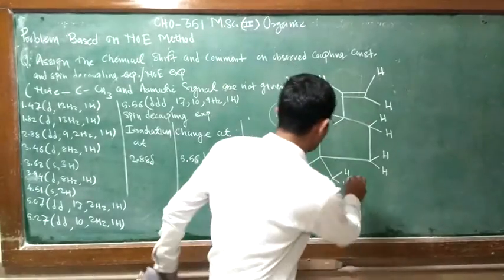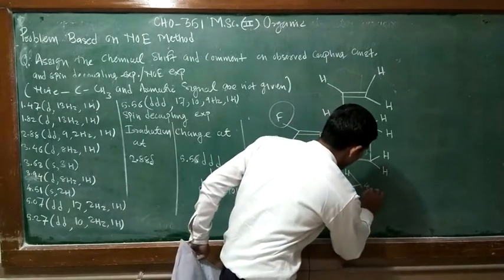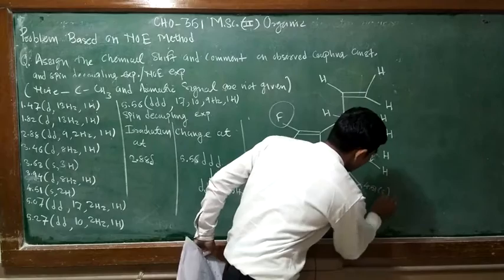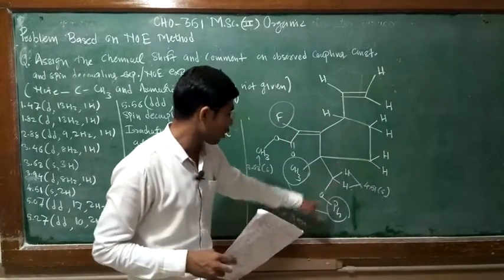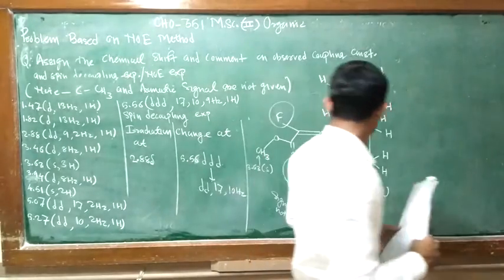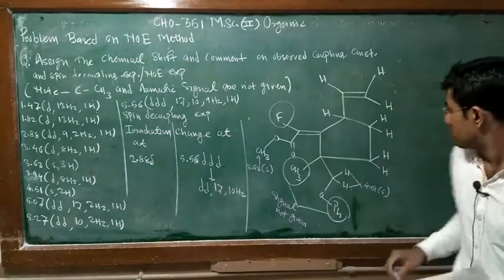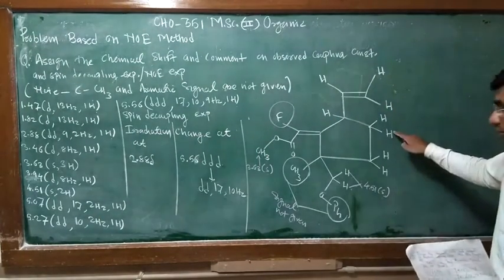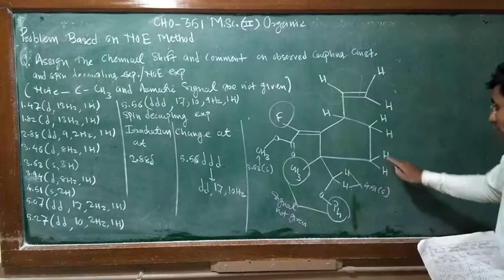Means for these 2 protons it shows the signal 4.51 singlet because of attachment to oxygen. So these 2 protons show a different signal, and this also shows a different signal.